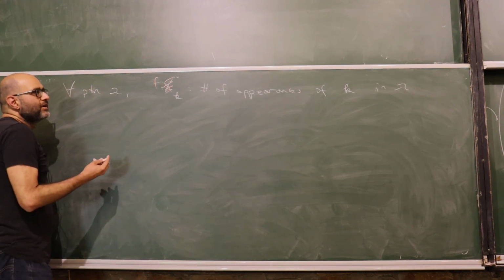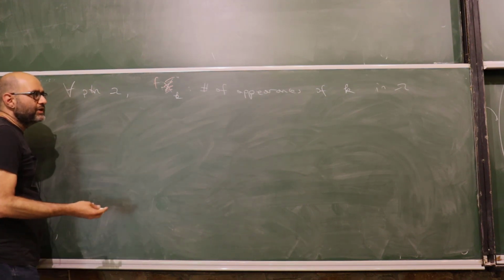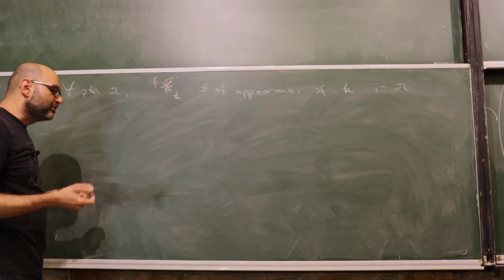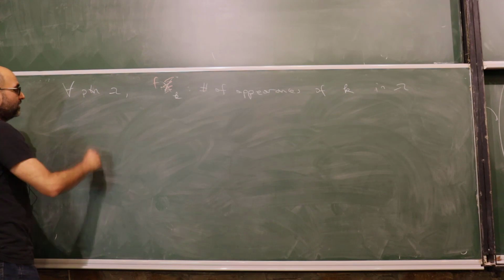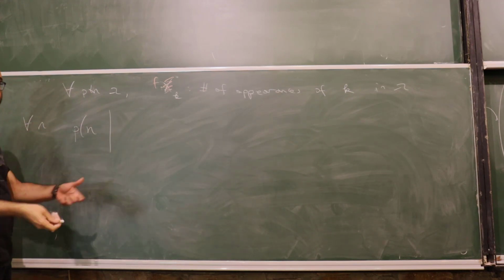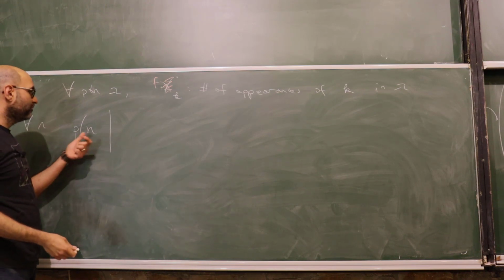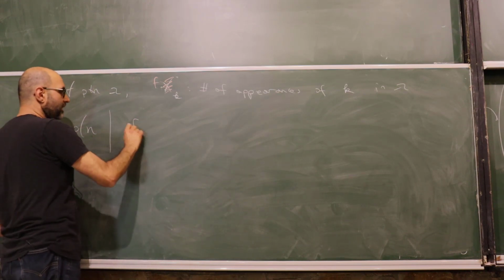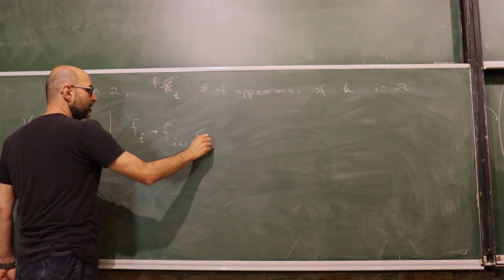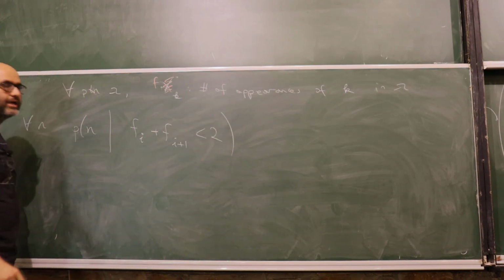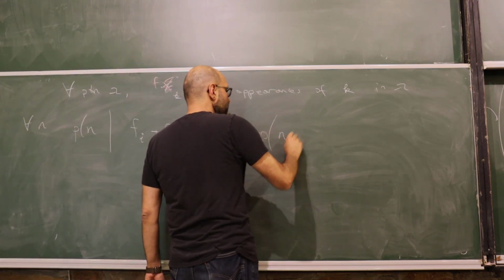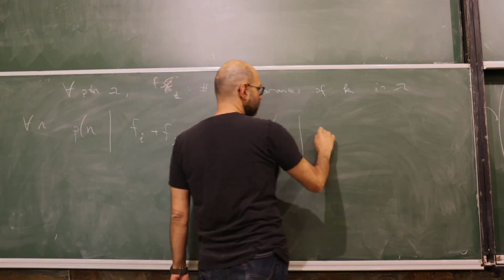Anyway, in this notation, Rogers-Ramanujan identities become the following. In particular, Rogers-Ramanujan 1 becomes the following. Number of partitions of n, again, for any non-negative number n, number of partitions of n satisfying f_i plus f_{i+1} strictly less than 2 equals the number of partitions satisfying some congruence condition.